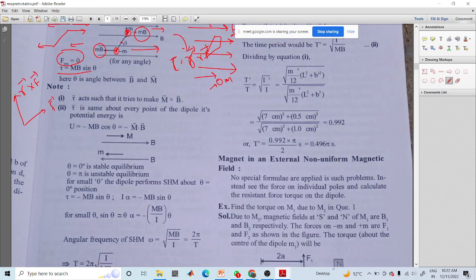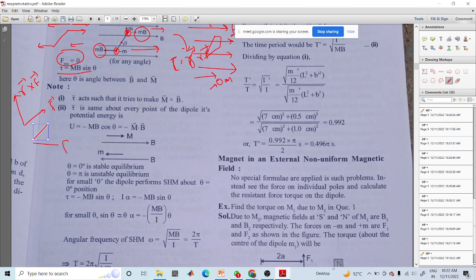Look here, F is in this direction and R is in this direction. So this is F and this is R. R cross F will be inward.